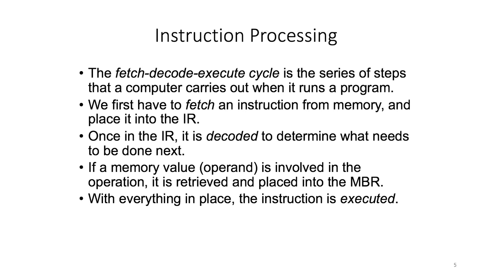Once in the instruction register, it will be decoded to determine what needs to be done next. And if a memory value operand is involved in the operation, it is retrieved and placed into the memory buffer register, MBR. With everything in place, the instruction is executed.